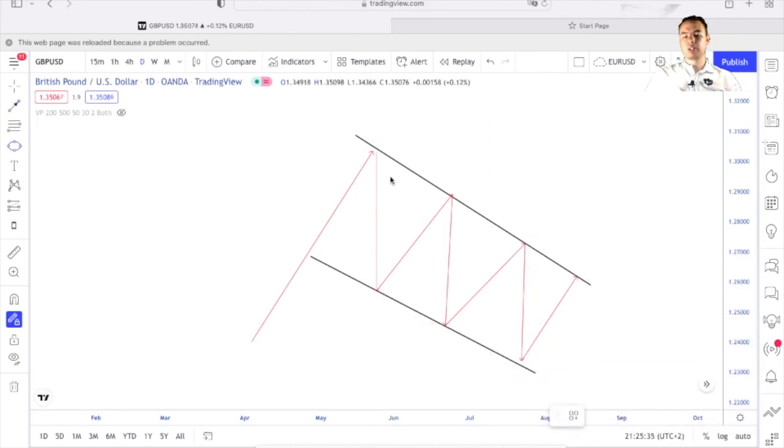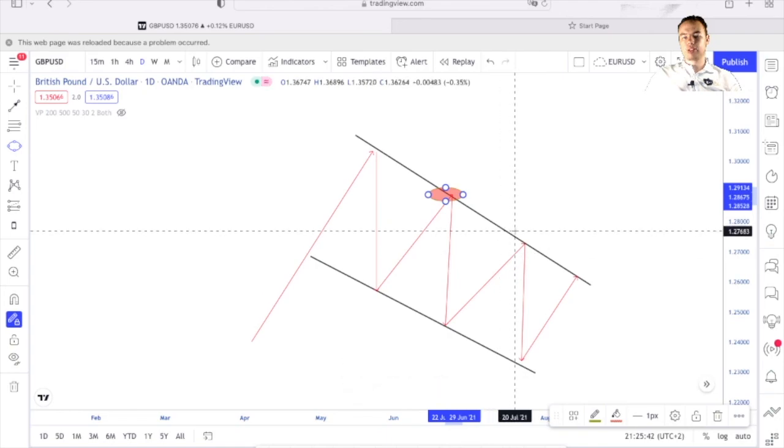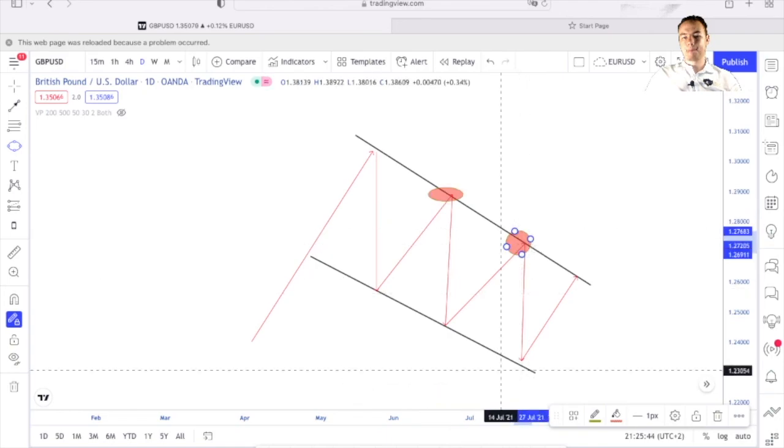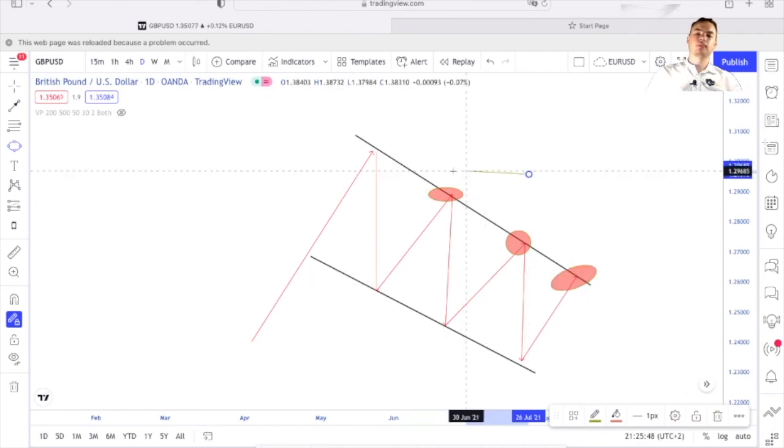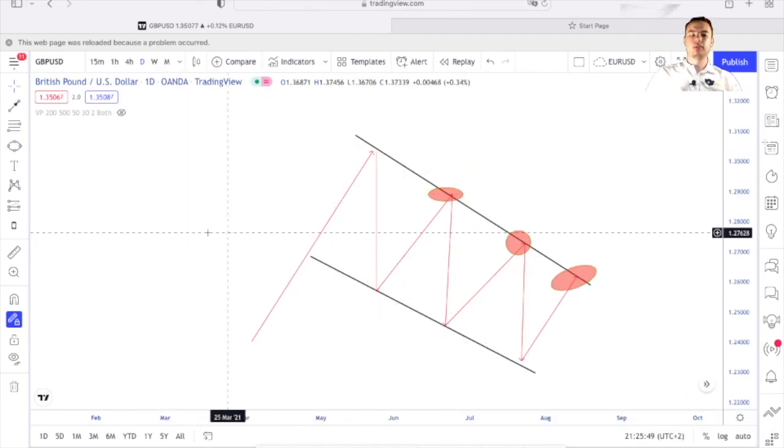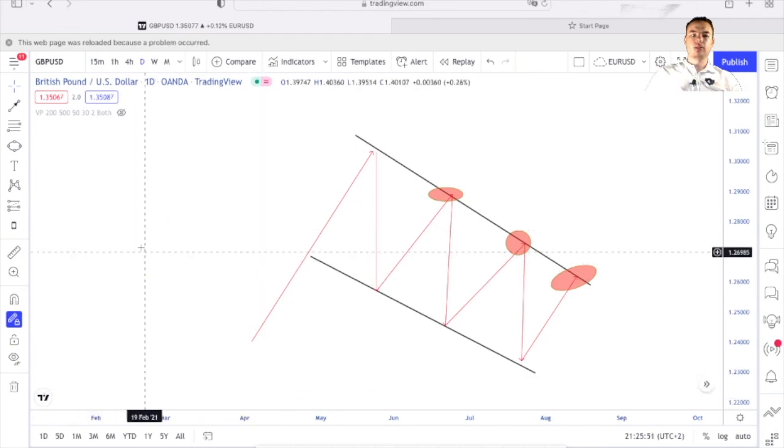But you're looking to sell on the lower highs, where it is touching the trend line. Pretty simple. All right. That is trend lines.